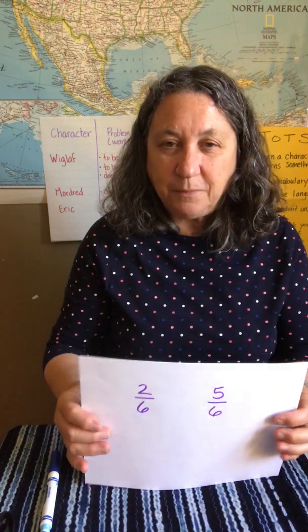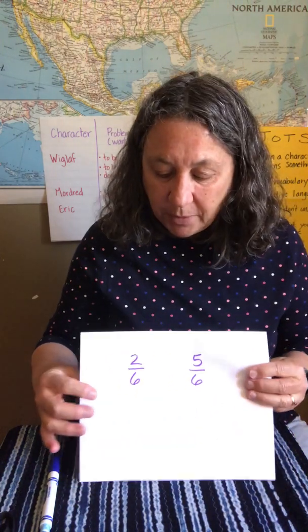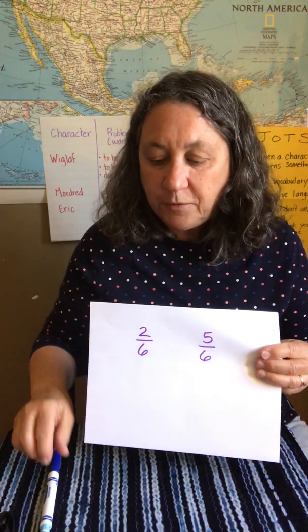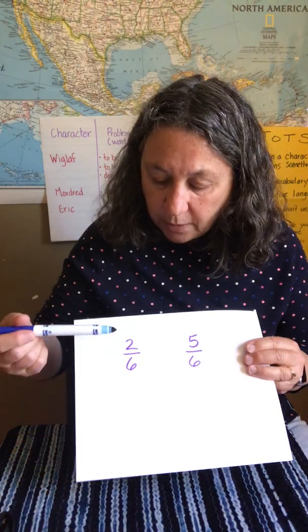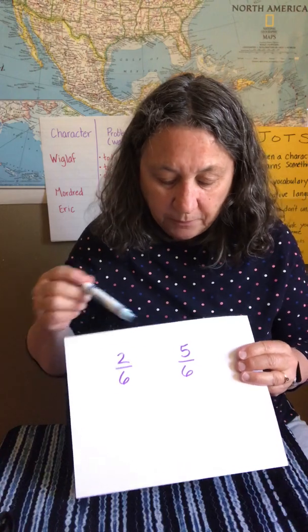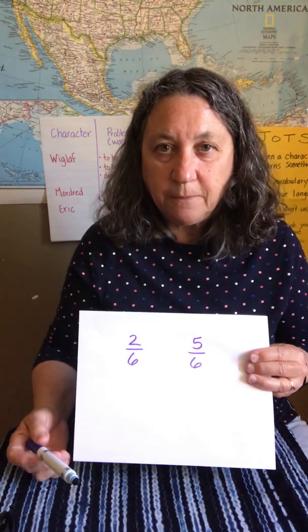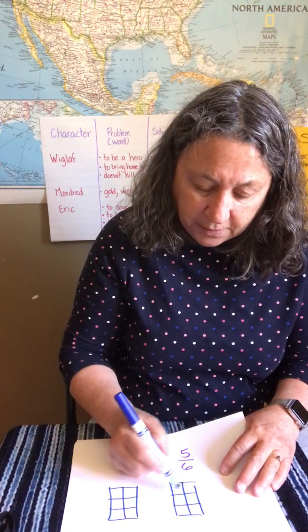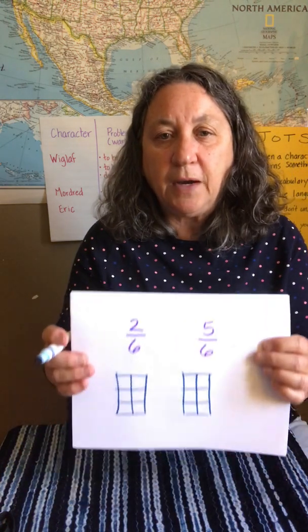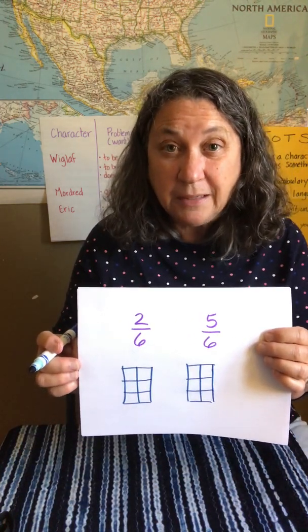Okay, here's the next one. What if the denominators are the same? What if you're comparing sixths to sixths? Which is more? Are 2/6 more or is 5/6 more? It's kind of easy because if we make two quick rectangles, trying to make them the same size, and I cut this one into sixths and this one into sixths, do you see how they're both getting divided into the same number of parts?